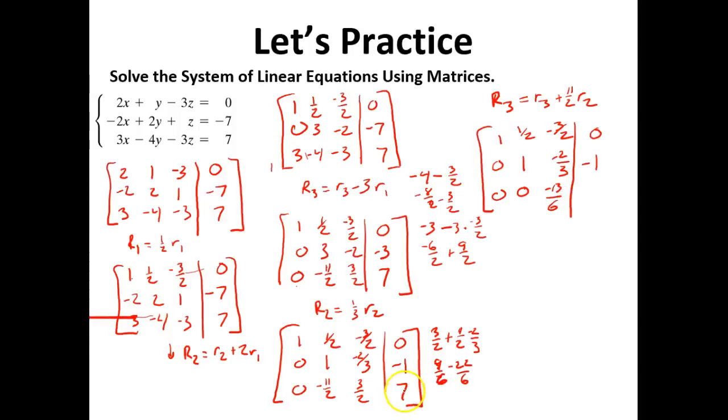And then what are we doing? We're doing row 3, so 7 plus 11 halves of this. So 11 halves times -1. This is going to have to be halves, so 14 halves minus 11/2, which is 3 halves.